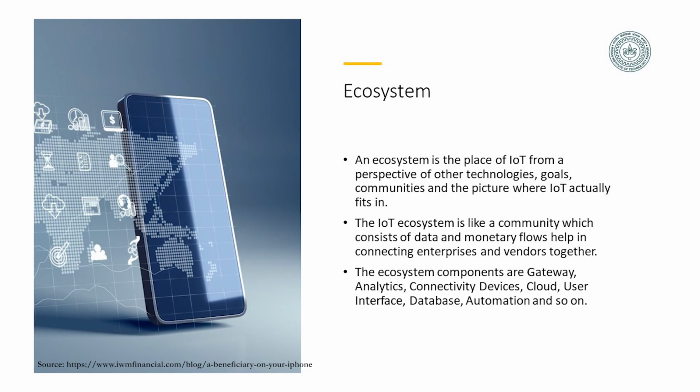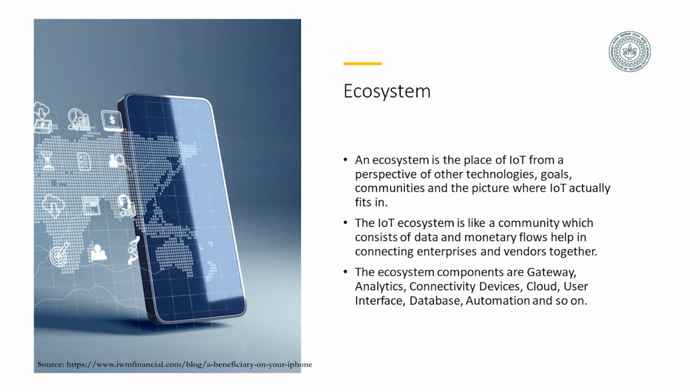So, the IoT ecosystem is like a community which consists of data and monetary flows which are helping connect enterprises and vendors together. So, there is data flow in the IoT ecosystem, there is also money flow, financial flows, and it is joining together companies, and it is also joining together the vendors who are helping out these companies which are creating these smart products.